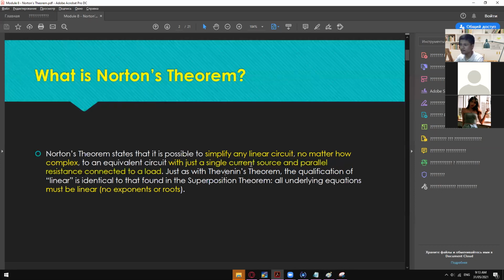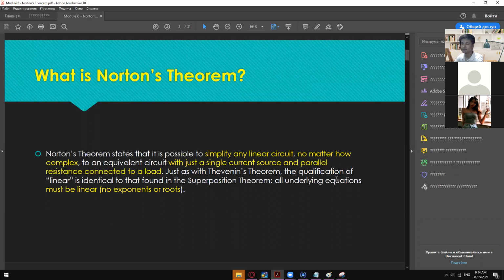In Thevenin's theorem, we have a single voltage source, and here we have parallel resistance, but in Thevenin's theorem, we have a series RTH. And then the rest are the same, especially the RL.